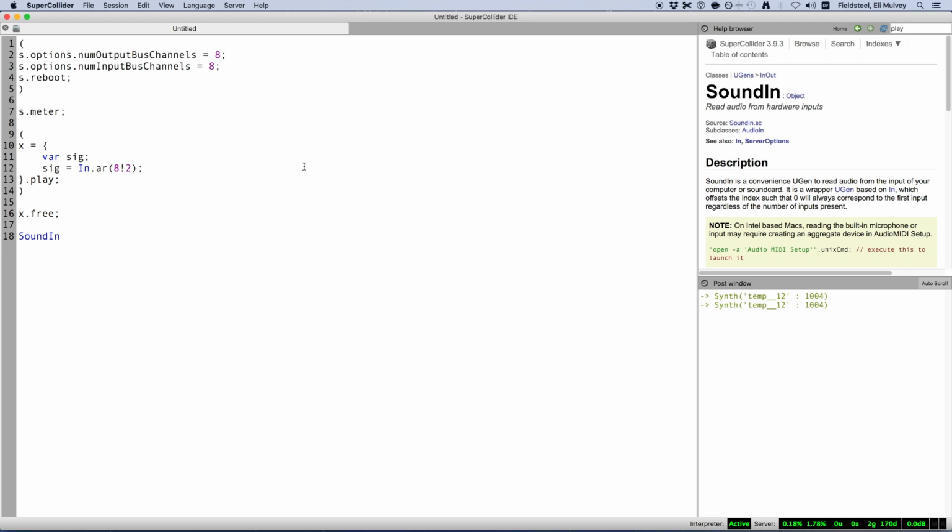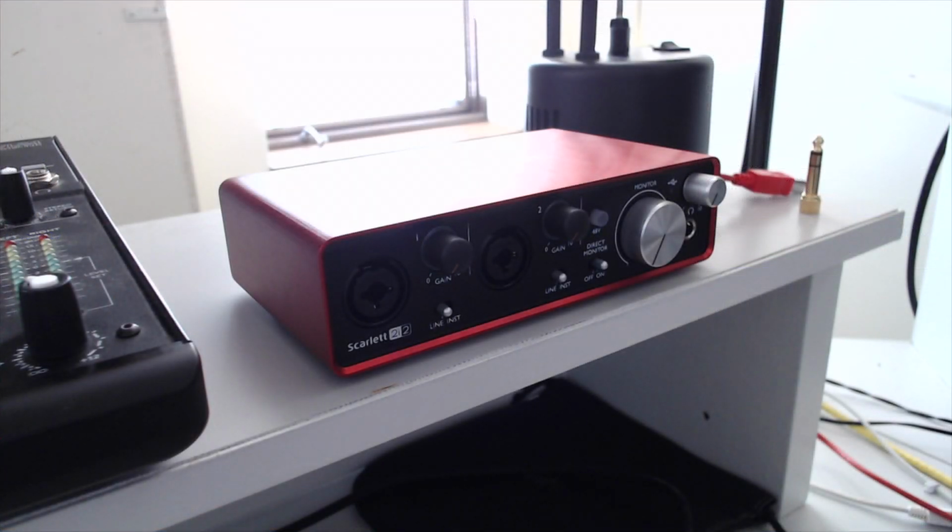So I'm assuming that for most viewers, this is probably not your first time connecting a microphone to your computer, so I'm going to try to keep things brief. In this video, for my audio interface, I'm using the very minimal Focusrite Scarlett 2i2. This is a class-compliant USB interface, which means it's plug and play, so you don't need to install any software drivers to get your computer to recognize it.